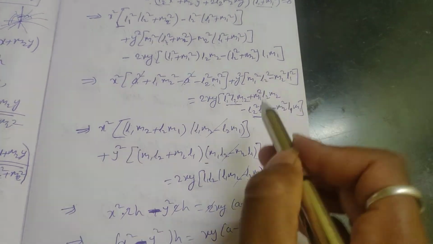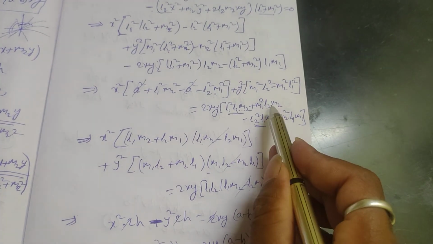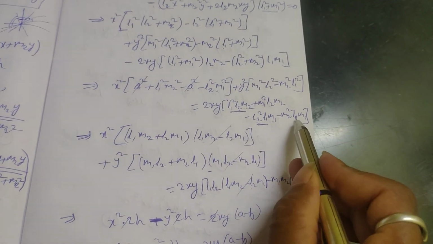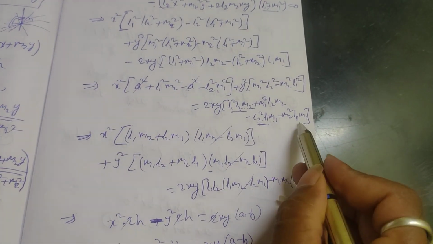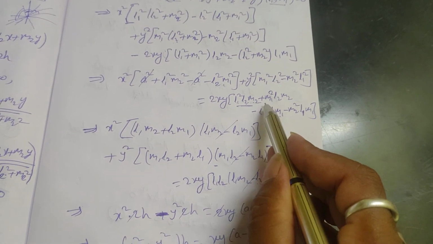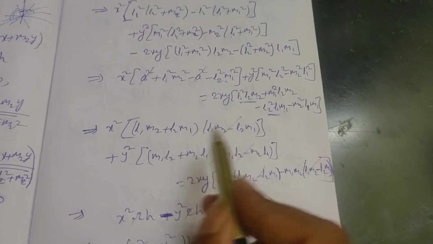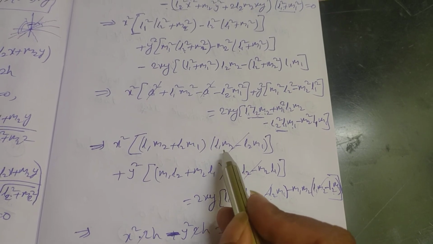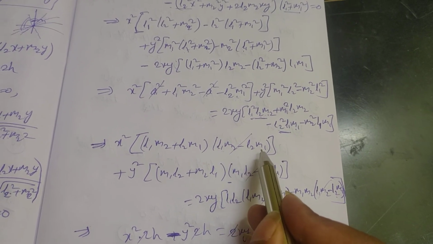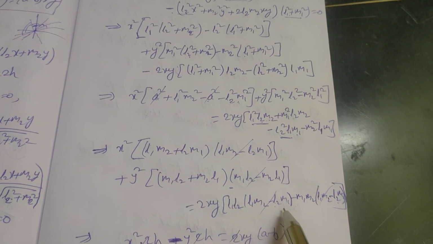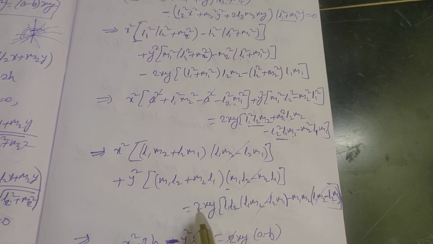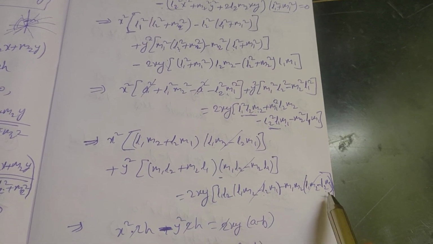With minus common, this becomes plus, this becomes minus. So after M1 M2 common we have L1 M2 minus L2 M1. From all these terms we have L1 M2 minus L2 M1, here L1 M2 minus L2 M1, this is one side, this is another side.